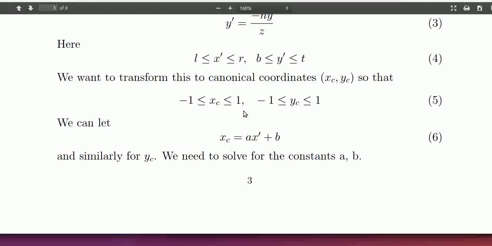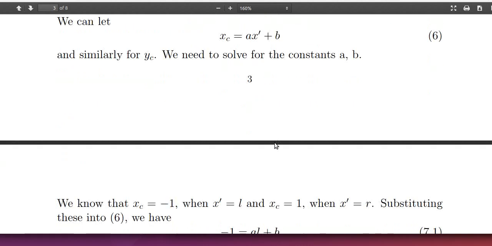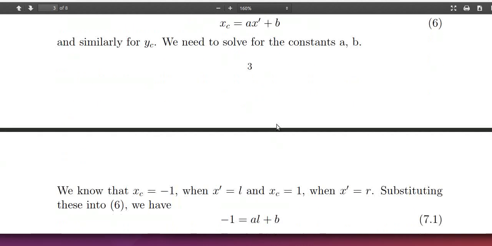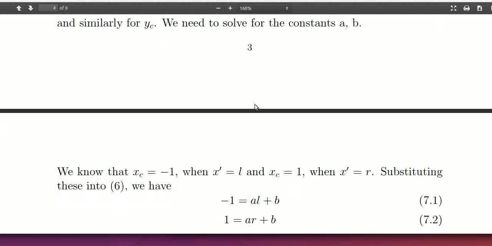This can be done using a linear transformation. So we can write xc as a times x dash plus b. We have similar equations for yc. We need to solve for the constants a and b, and this can be solved using the boundary conditions we just mentioned.